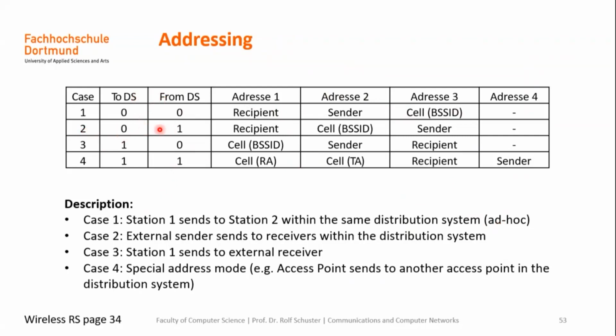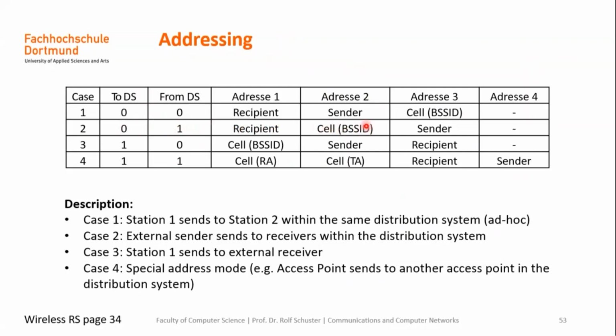One case is when the frame is sent by the access point. Then the access point sends a frame to a station. Then the recipient MAC address is just address 1.